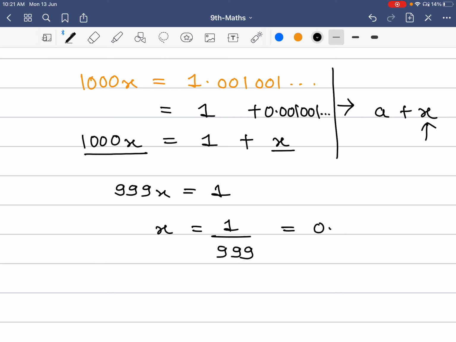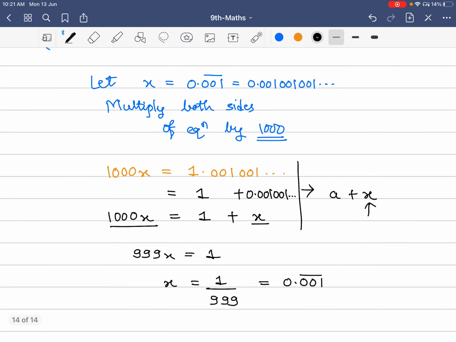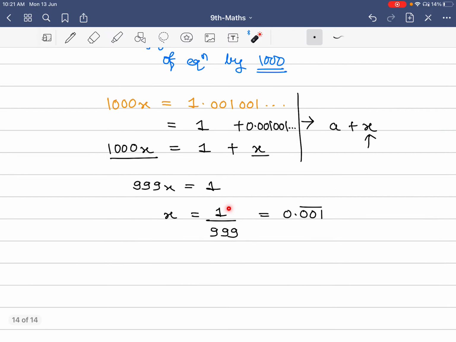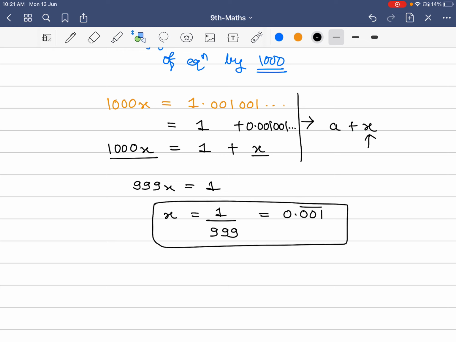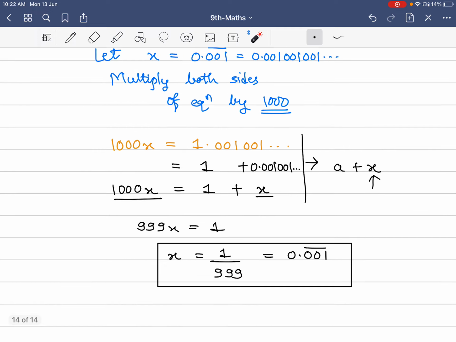That is equal to 0.001 bar, because we ourselves assigned x as equal to 0.001 bar. So x is equal to this, which is also equal to this. Once again, let's box it. This is my decimal representation, and this is my rational number representation of the form p by q, 1 by 999.